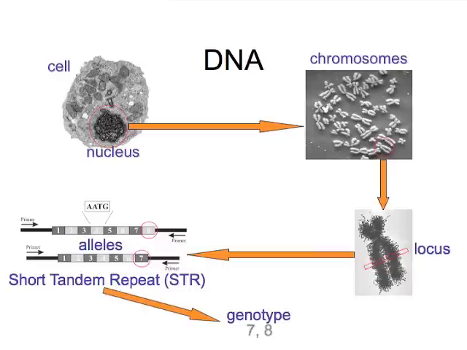An individual's genotype at a chromosome is an allele pair, like the STR lengths shown here. The 7 designates 7 repeat units inherited from one parent, while the 8 is for the 8 repeating units from the other parent. So, at this locus, the individual's genotype is a 7-8 pair.